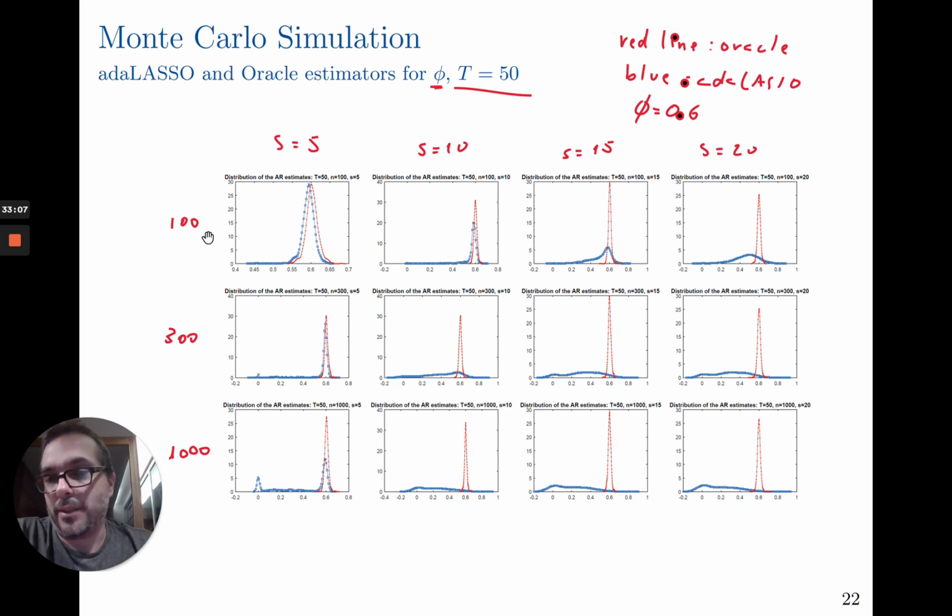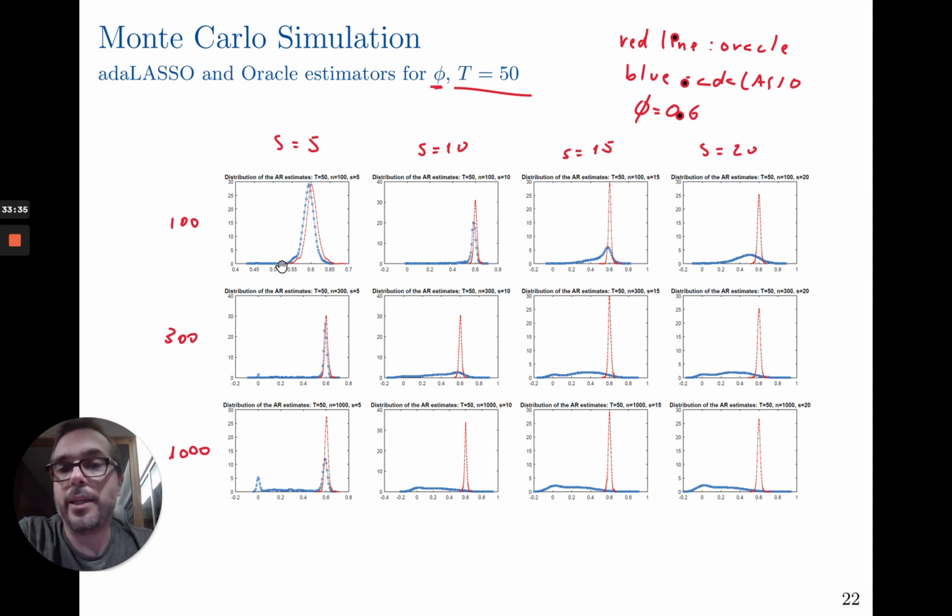It's still 2 times more than the sample size, so it's really high dimension. But the number of relevant variables is just 5. So you see the blue curve is a little bit left shifted compared to the red curve, so there's this bias. But the bias is small if you look at the x-axis here, so it's not big.